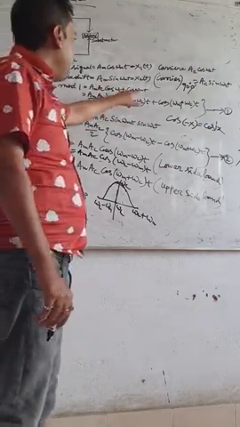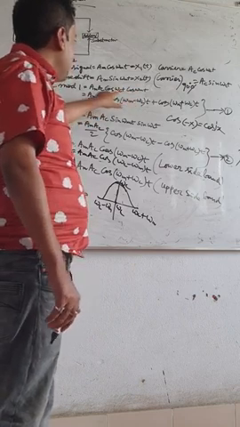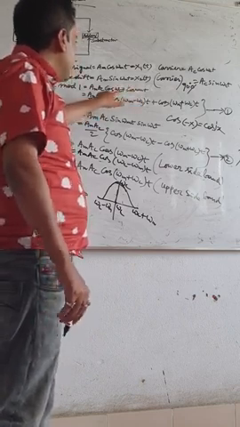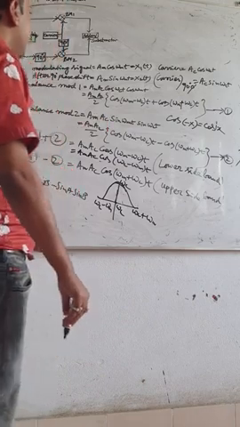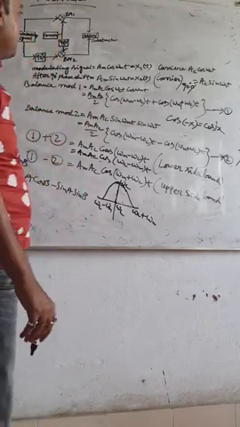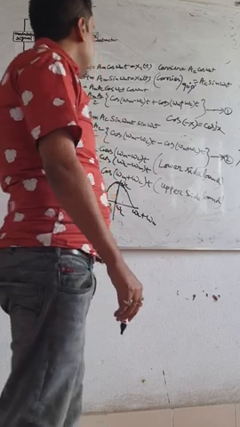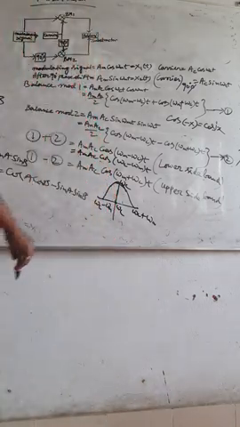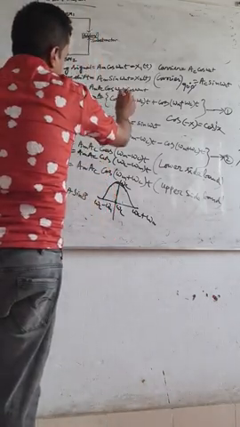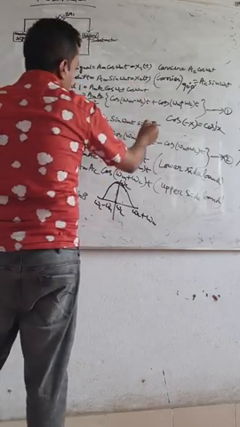I have used omega n t as a, omega c t as b. So cos a cos b means cos of a minus b plus cos of a plus b. Here also omega n t is a, omega c t is b.